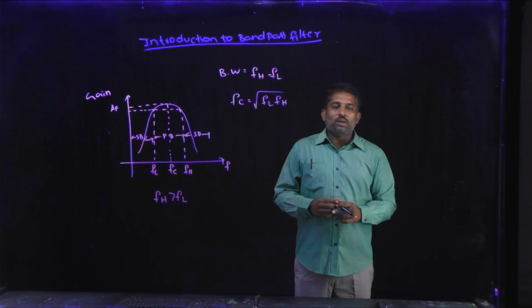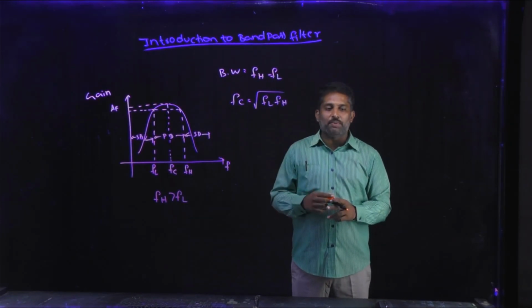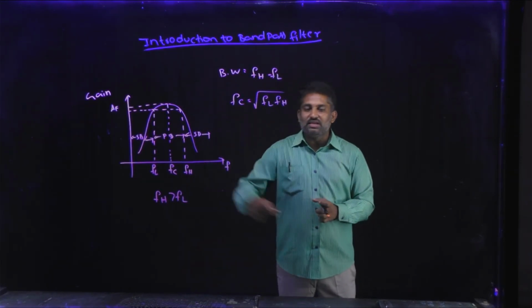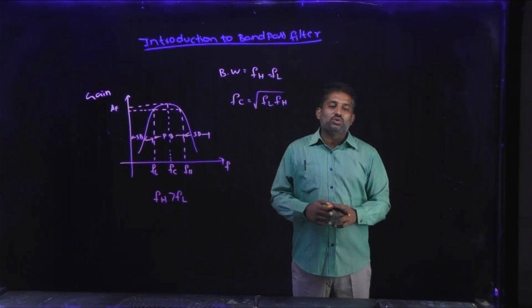One more thing I want to tell you is that in a band pass filter, the center frequency is not exactly at the center. That's why we also call it the resonant frequency.